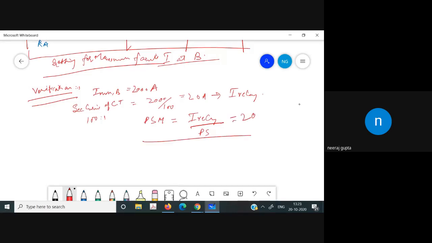Plug setting is taken as 1 in this case, so PSM is 20. And for the relay B, the time multiplier setting that we have assumed is 0.1. So TMS is 0.1.